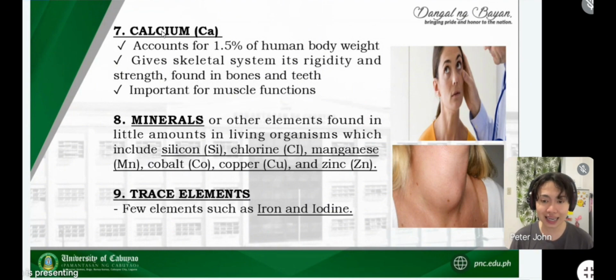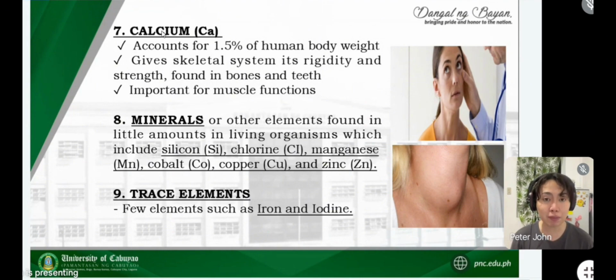So, kasi nga, they are helpful for the rigidity of our structure and also for the intermuscle function. So, probably it helps for the process ng sending a message ng mga muscles natin sa isa't isa.